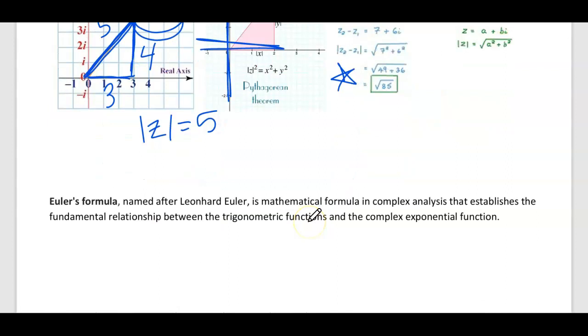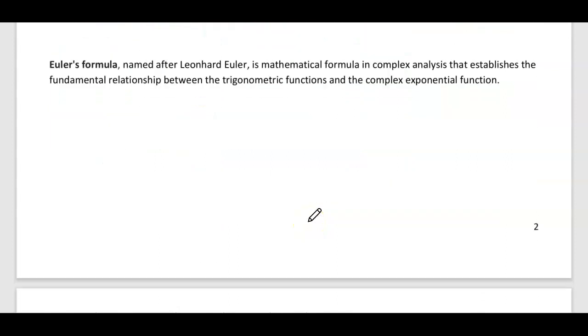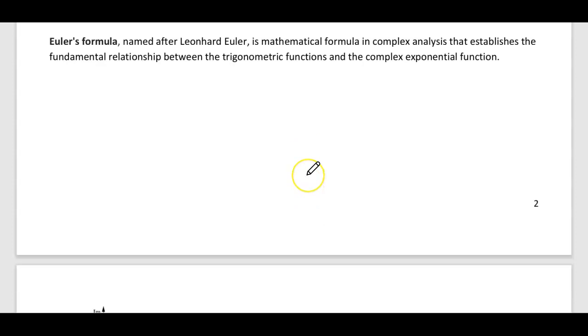All right, so Euler came up with his own formula in complex analysis that talks about both trig functions and exponential functions and how they kind of coexist together.